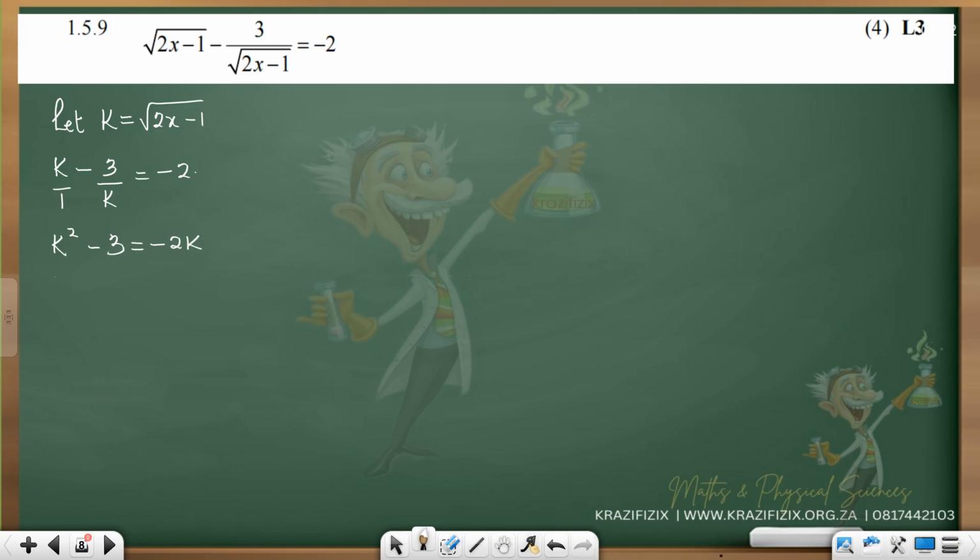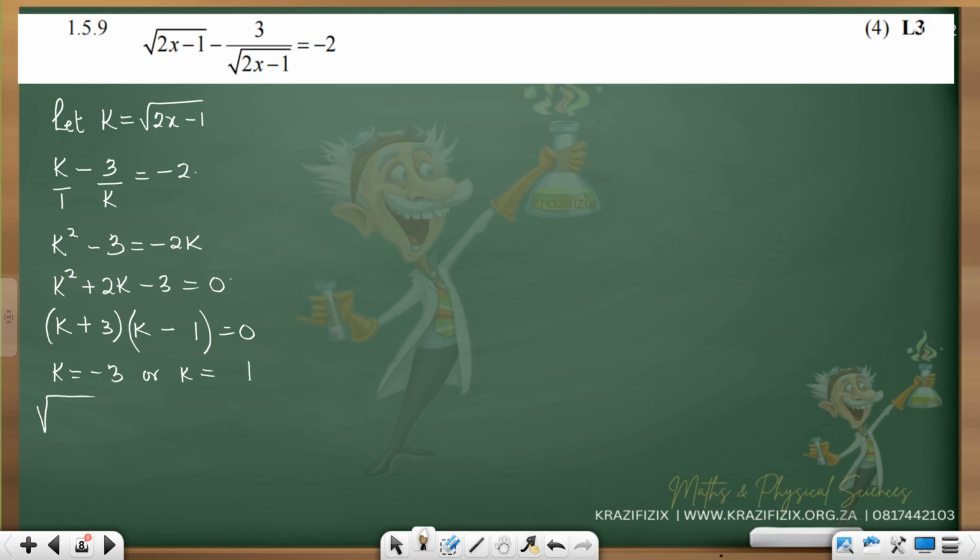Disguised trinomial again. So what we have is K squared plus 2K minus 3, my trinomial, but this time in terms of K. Some of you might not have seen this, but it's okay, we are learning. So K equals negative 3 or K equals 1.